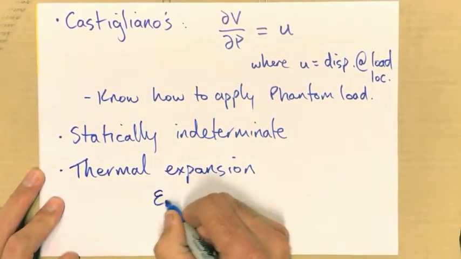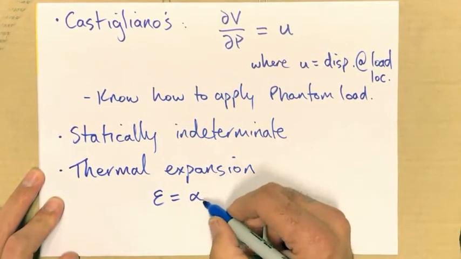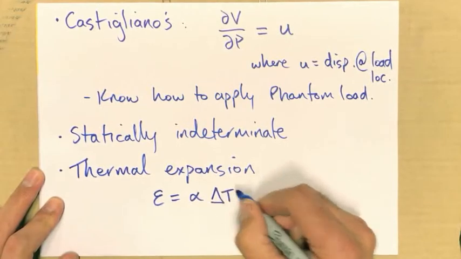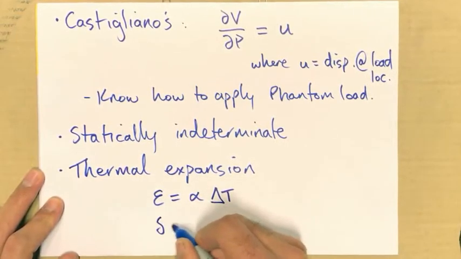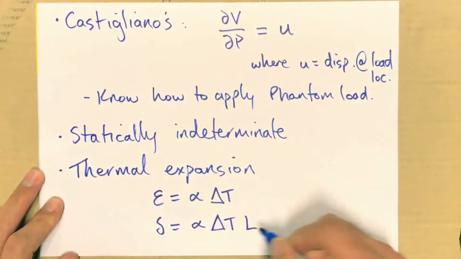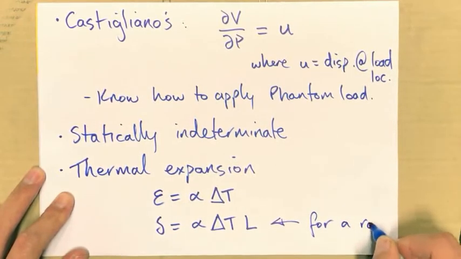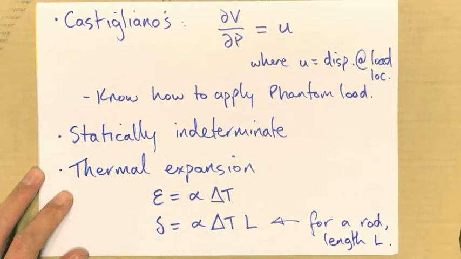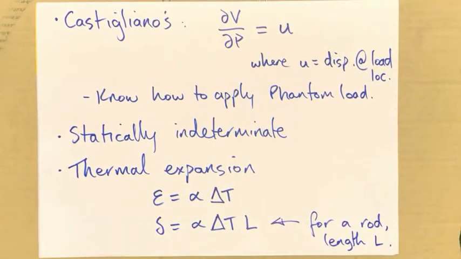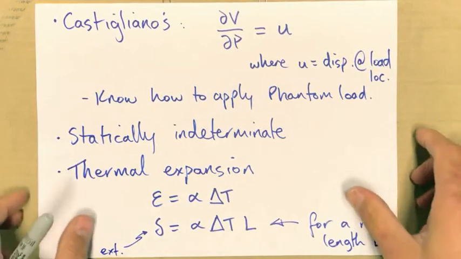I would expect you to know that the strain is equal to the thermal expansion coefficient times the change in temperature, which will lead to an extension of a rod, say, or uniaxial extension, for a rod of length L. Okay, I would expect you to know those things. So this is extension.